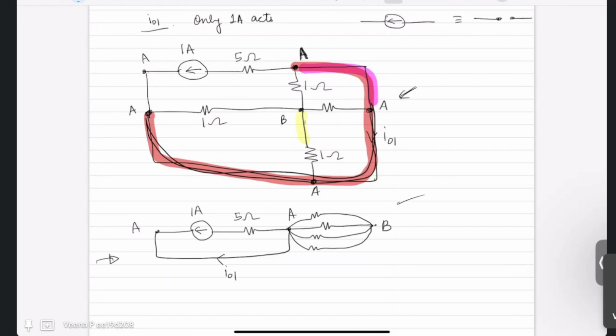If you look closely, your I01 is in this direction, whereas your 1 ampere is in the opposite direction. That is why I have drawn your I01 opposite to your 1 ampere. So if you look closely at the circuit, now you can directly write what your I01 is. Your I01 is nothing but minus 1 ampere. So this is how you got I01. Is there any doubt in this?